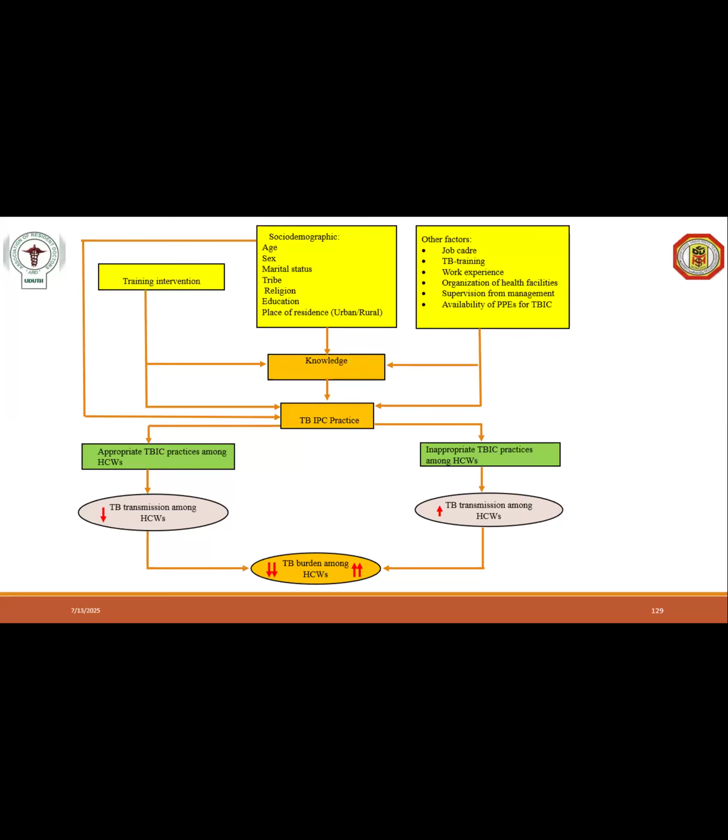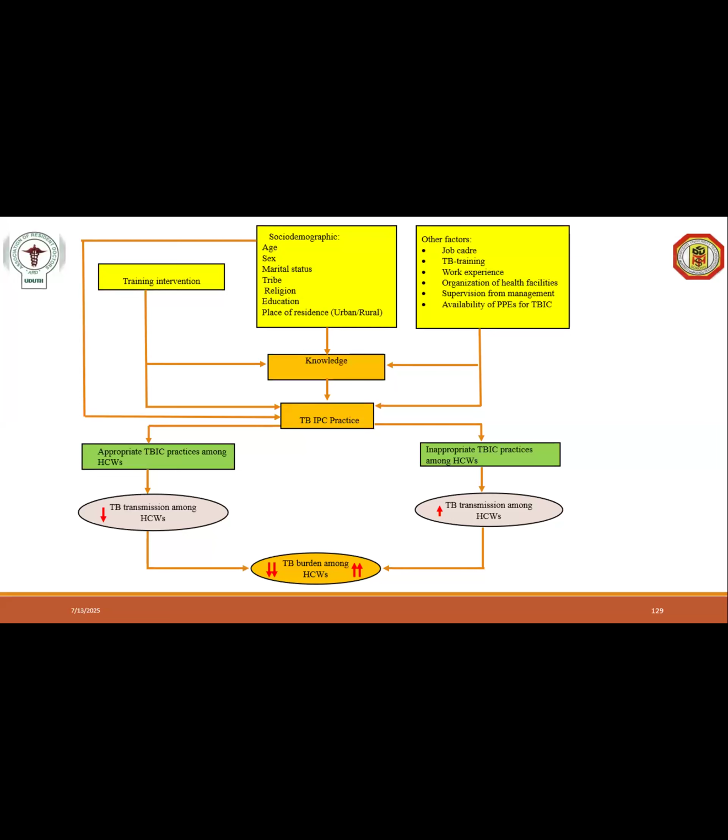Will increase because their IPC practice is not appropriate. So it tends to increase the transmission. So at the end of the day, those with increased transmission will have increased TB burden, while those with reduced transmission will have a reduced TB burden.